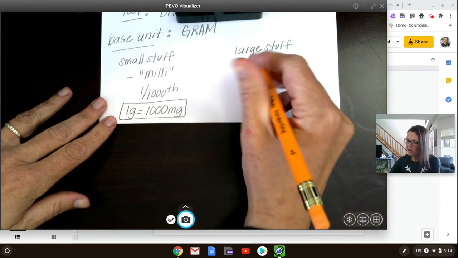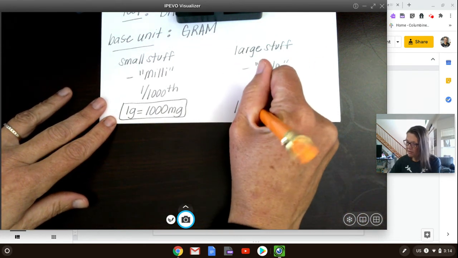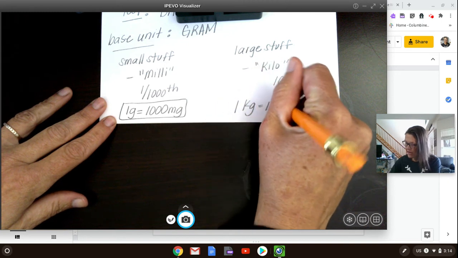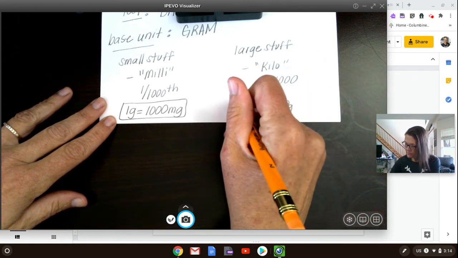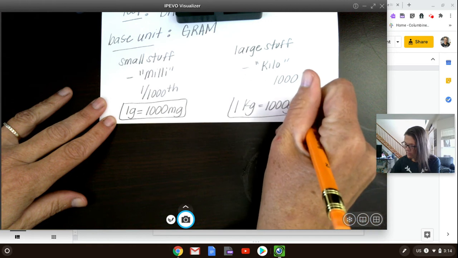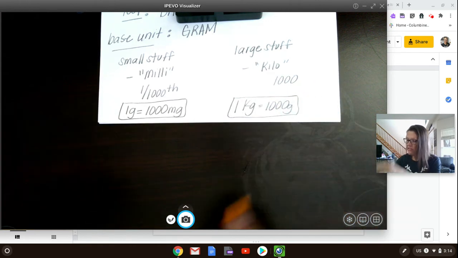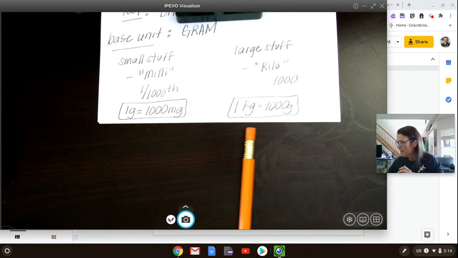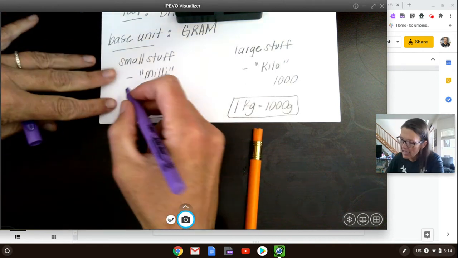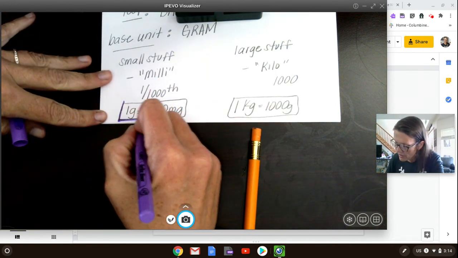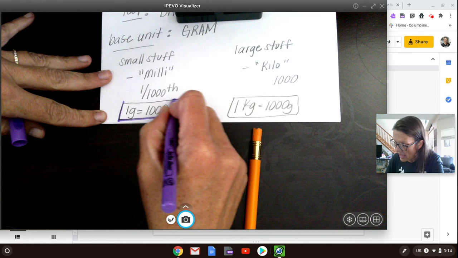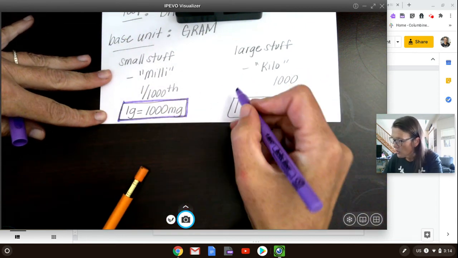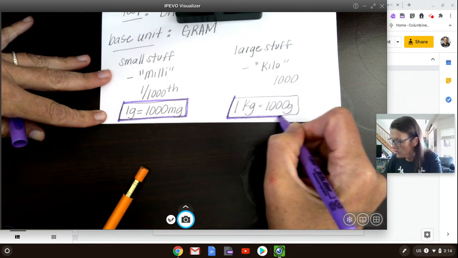Same thing for a kilogram. 1 kilogram is equal to 1,000 grams. So those are conversion facts that you should absolutely know. So maybe that would be worth highlighting or doing something to mark them, but I expect you to know that. Anytime we're working in a lab, you should know those conversion facts.